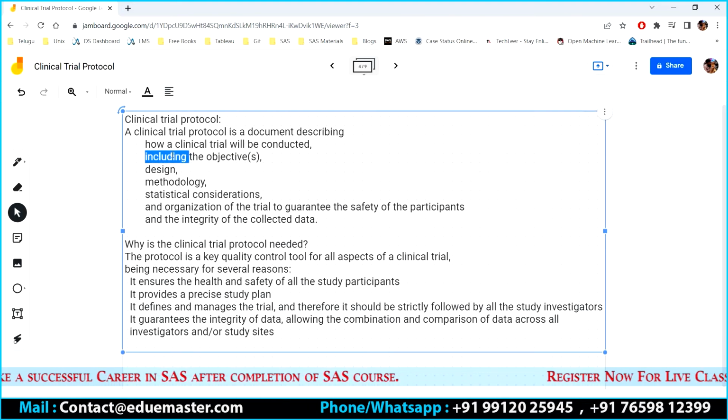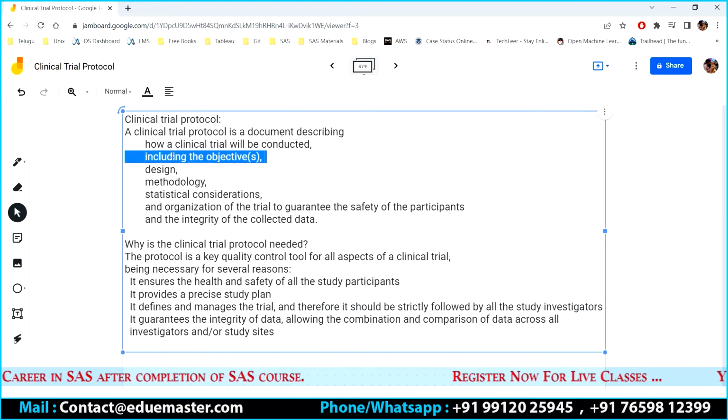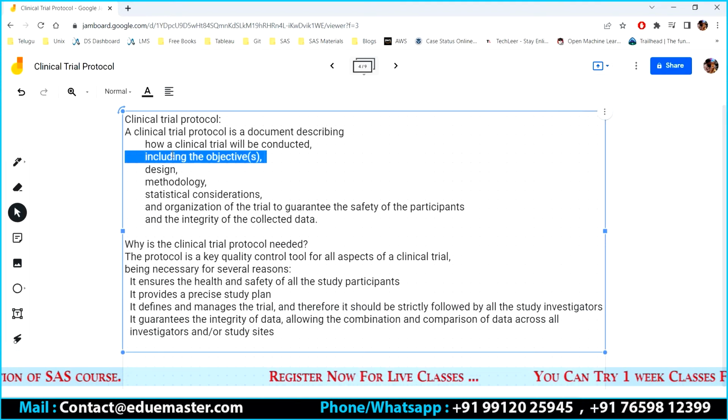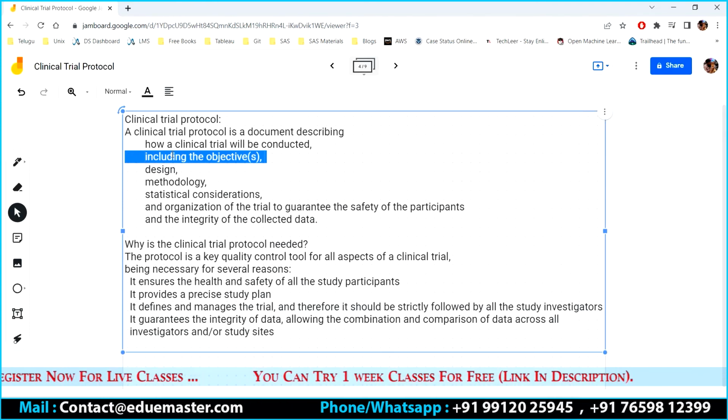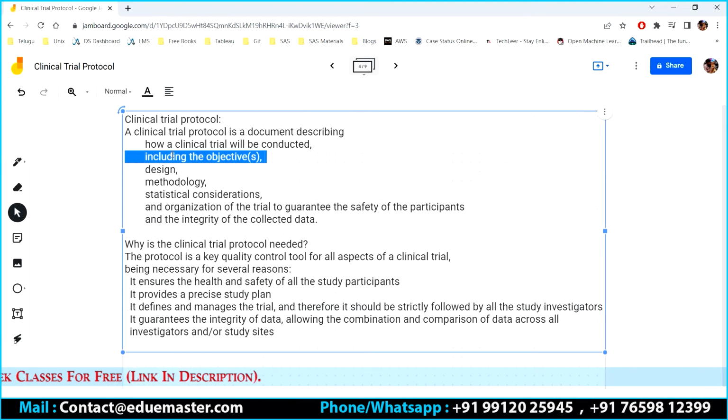Number 2, what are the objectives of this particular clinical trial? Let's say a COVID vaccine. What is the objective of the COVID vaccine? We need to ensure that we bring a vaccine that is protective against COVID. As simple as that, right? Let's consider polio. The polio vaccine objective is that once the person has taken this vaccine, the person should not be affected by polio at all. Correct? What is the objective?